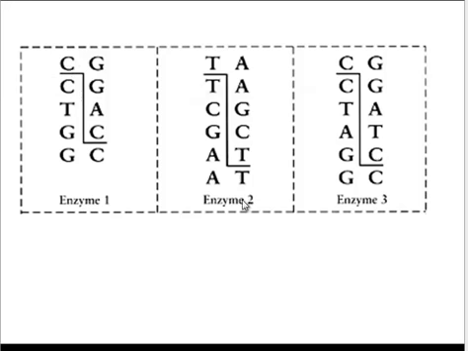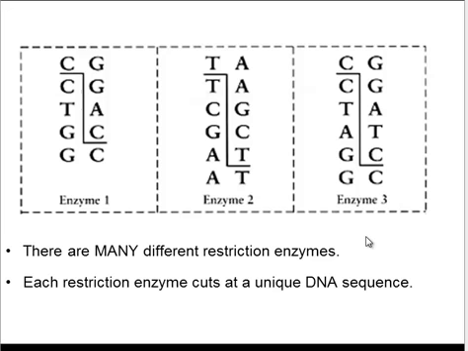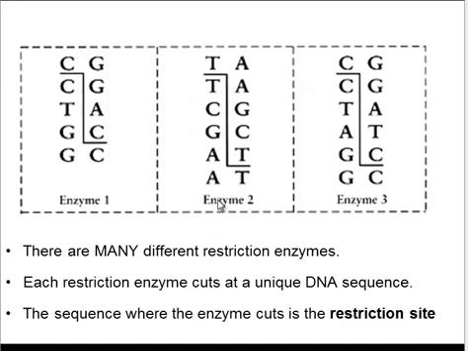This enzyme will only cut DNA when it sees the sequence TTCGAA. And this enzyme will only cut DNA when it sees the sequence CCTAGG. You get the idea. The other thing to note about restriction enzymes is that many of them cut unevenly. And this is known as the restriction site.